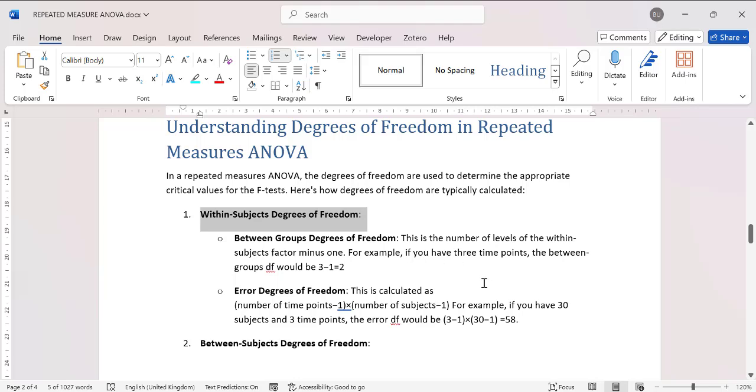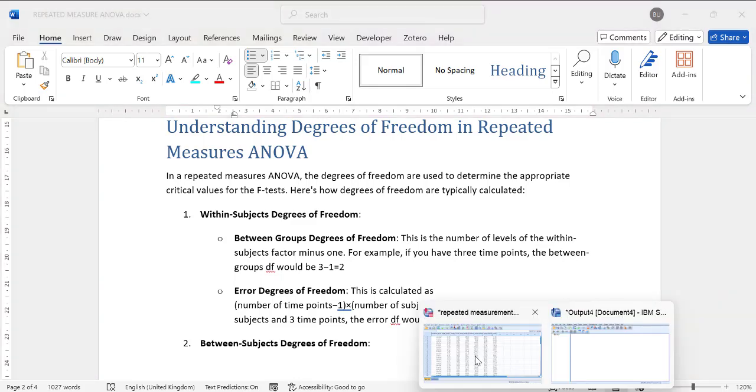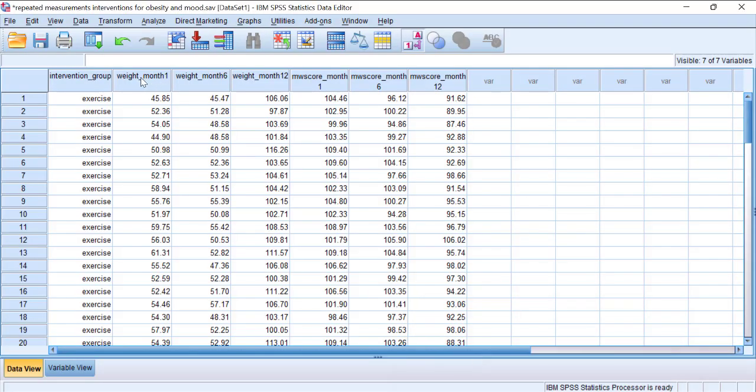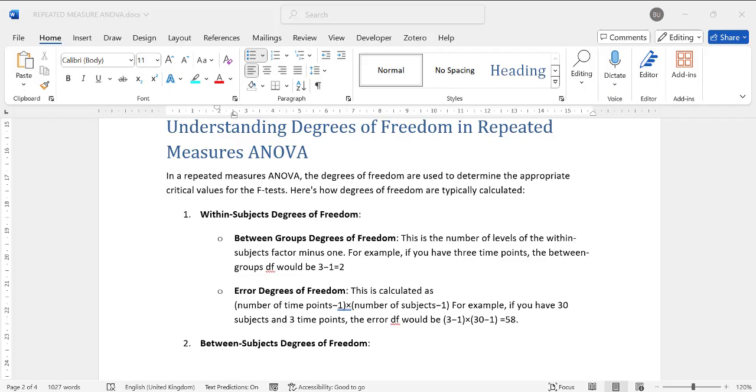So how do you calculate the degrees of freedom? In our research here, we measured the weight and the mental well-being score at three different time points: month 1, month 6, and month 12.